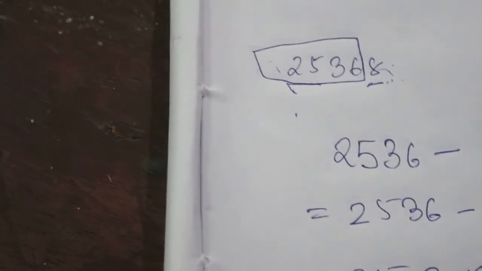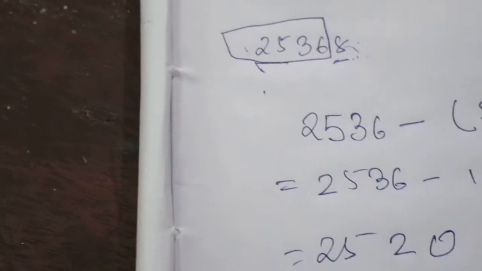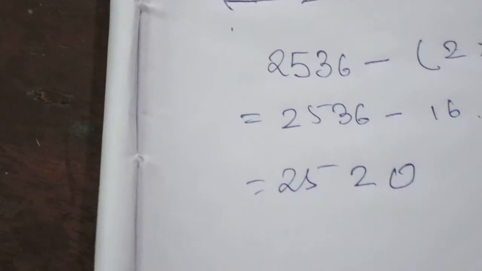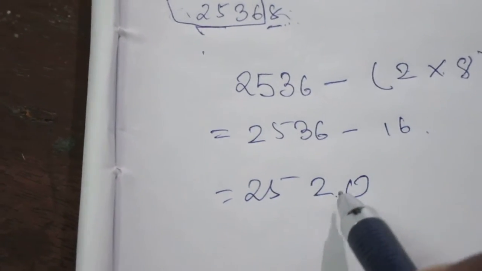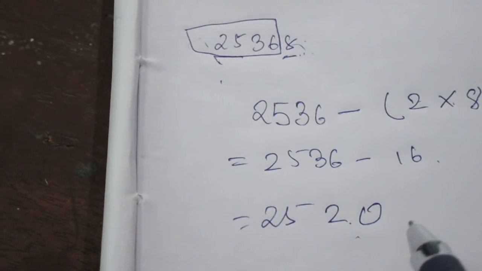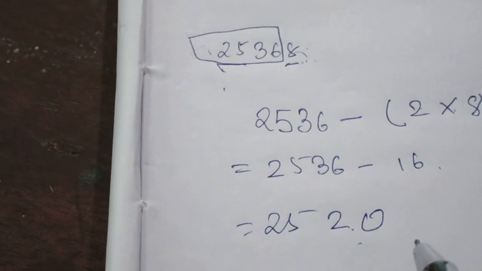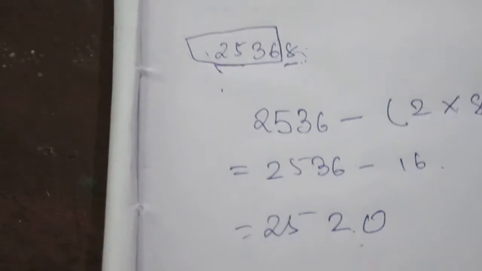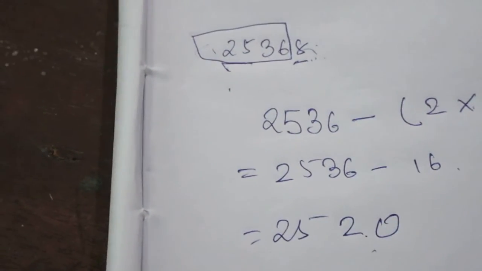Therefore the first condition has not been met, because either the result has to be 0 or it has to be a multiple of 7. So the first condition, that it has to be 0, is not met. Therefore we have to check the second condition, whether the number is divisible by 7 or not.